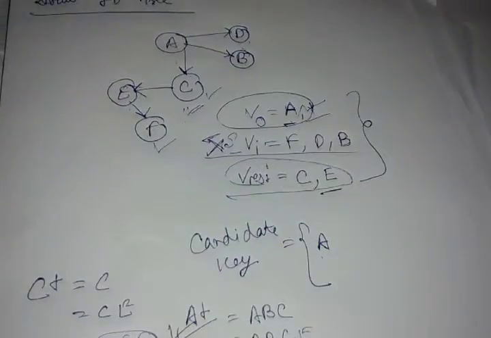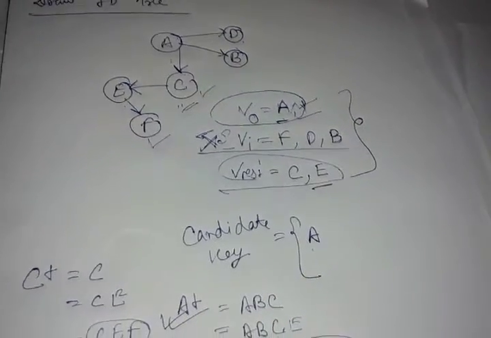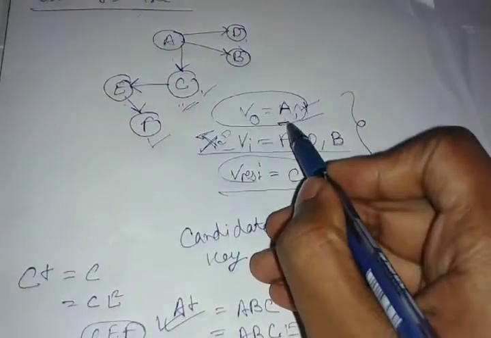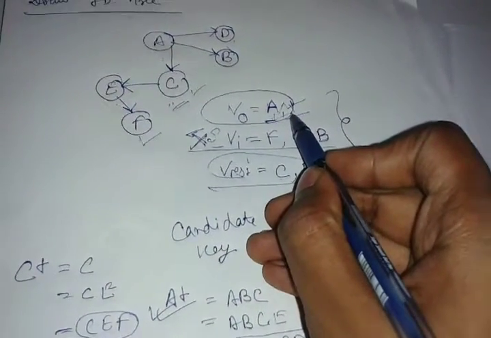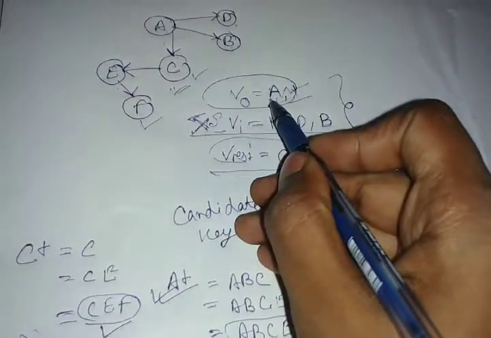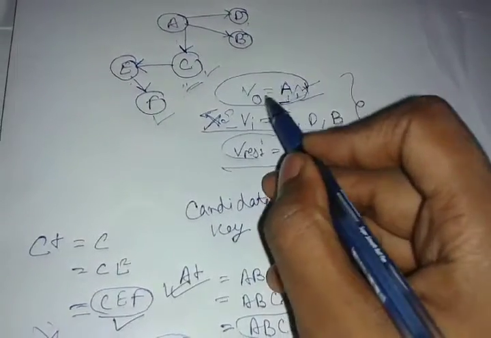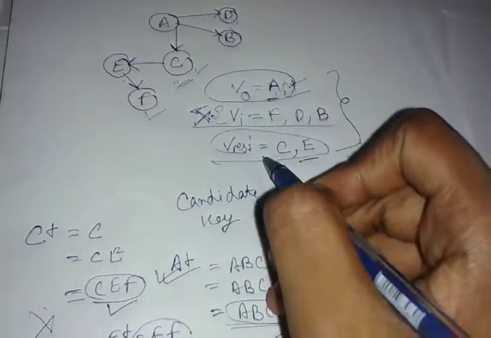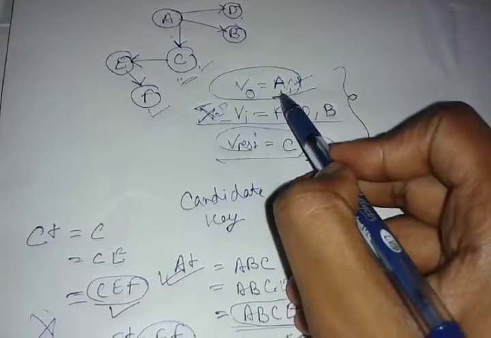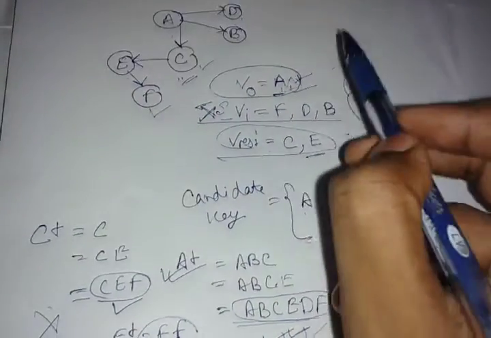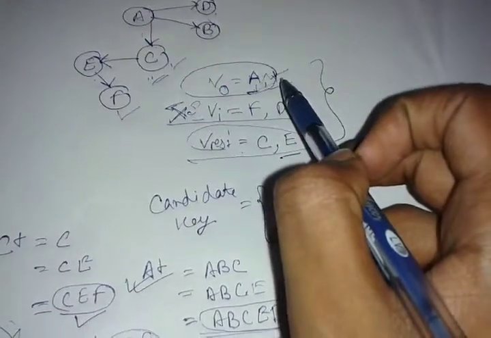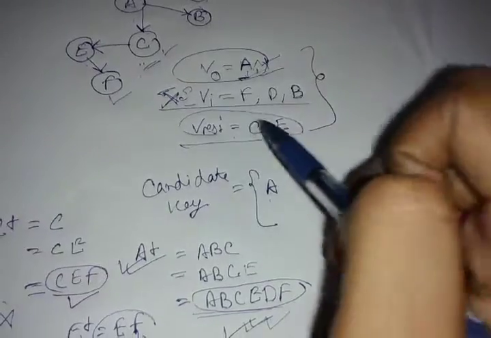So this type of node cannot be a candidate key, or cannot be a part of a candidate key. So we first see only this outside node. If we are able to find it, then it's okay. If we are not able to find it, then we see the combination of the outgoing set and the rest. We can combine the first element with all the elements, and again, if we have any other element, from that element we combine all the other elements one by one.